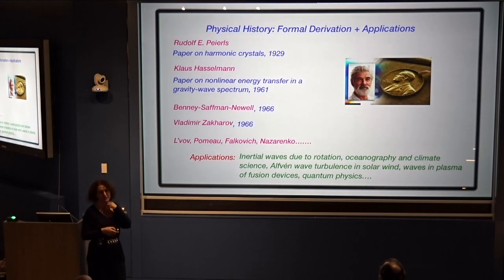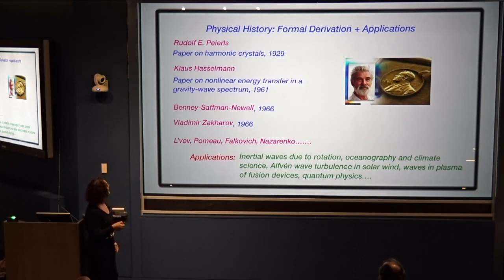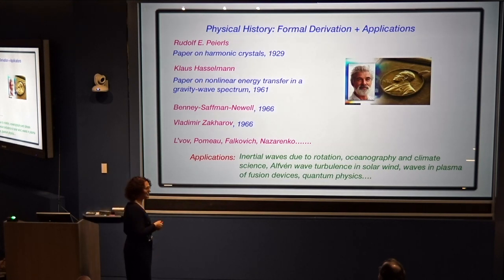So let me give you a quick history of this. It's important to mention the people who started working on this problem very early on in physics. Peierls, for the paper on harmonic crystals, is one of them. Then Klaus Hasselmann, by the way, he is the second physics 2021 Nobel Prize winner.